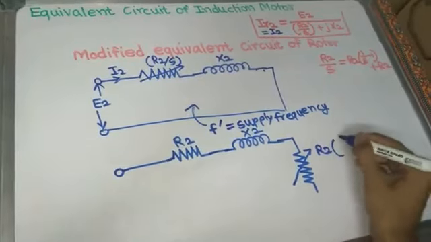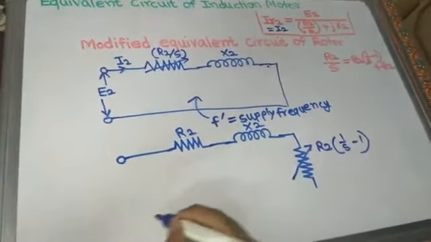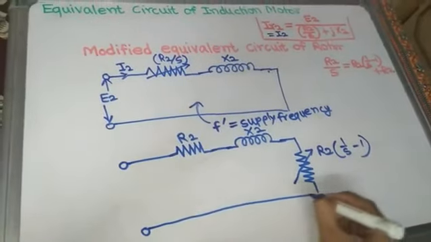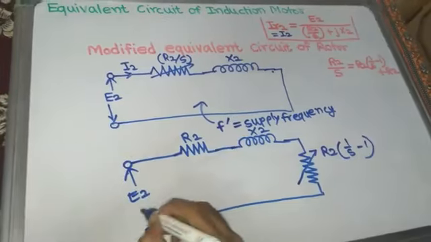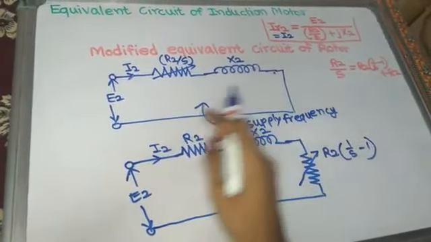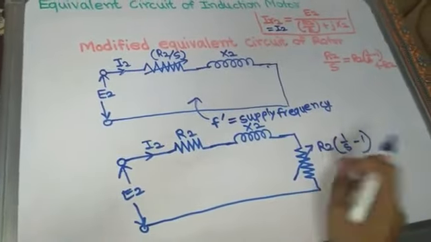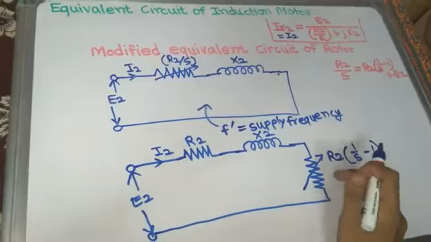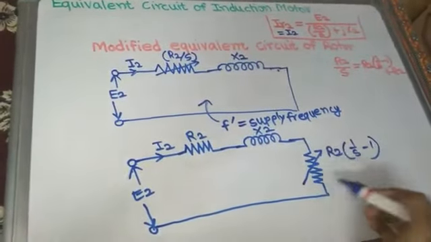This is R2 in bracket 1 by S minus 1, the electrical equivalent of mechanical load, and now the circuit is completed. This is the rotor induced EMF E2 as usual, and the current flowing through the rotor is I2. So all things are now independent of slip except the load which we have connected here. This load is the electrical equivalent of mechanical load, so only this is varying.